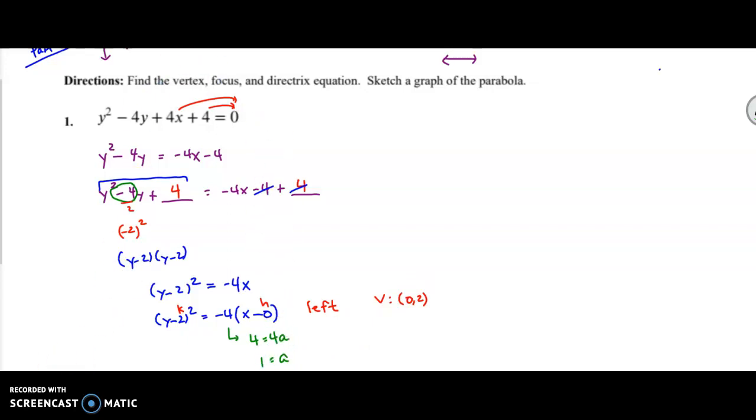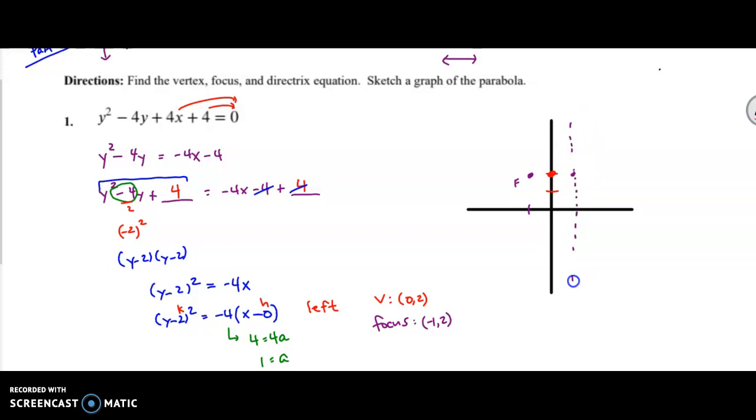Now I'm going to sketch the graph. I started by plotting my vertex point at 0, 2. Since it opens left and my a value is 1, I'm going to go 1 unit to the left, and that's where my focus is, at negative 1, 2. The directrix is going to be 1 unit to the right of the vertex, and that's this vertical line here.